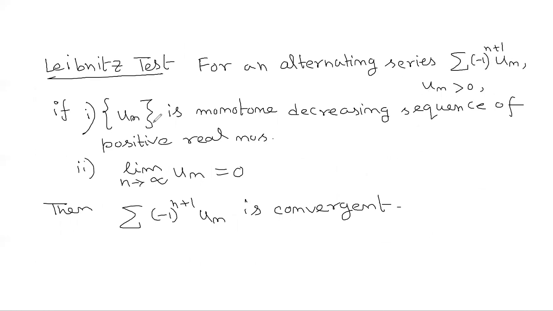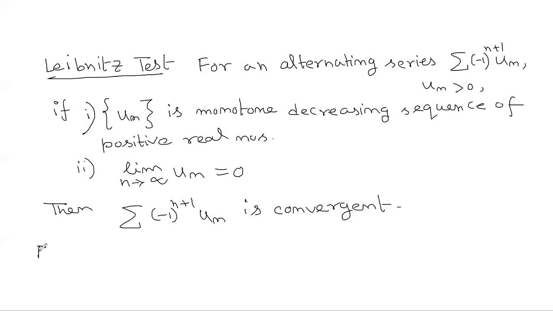Let us check the required criterion to be a convergent series. This is our given alternating series where un is strictly greater than 0. Now you can identify alternating series. So if un is a monotone decreasing sequence of positive real numbers, and the second criterion required is limit n tending to infinity un equal to 0.